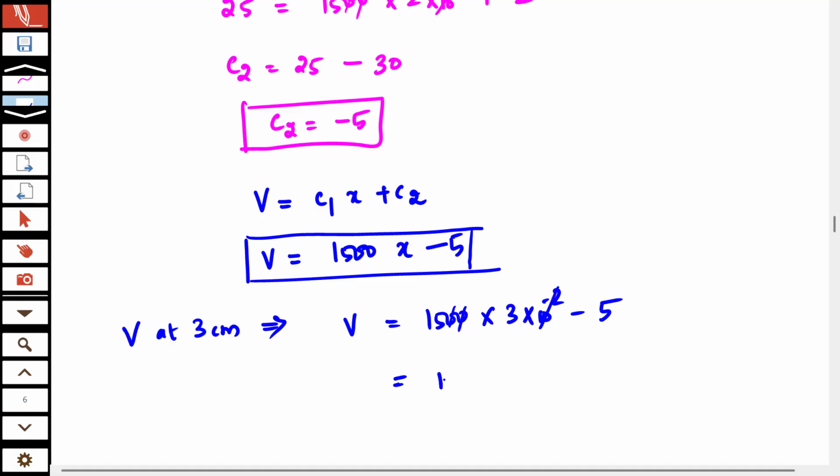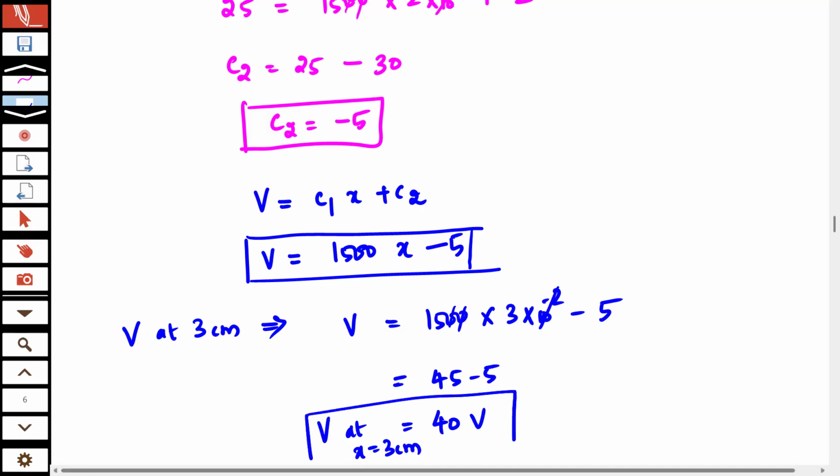So there's 45 minus 5, which is 40 volts. So this is V at x value, which is 3 centimeter. So this is asked in the question.